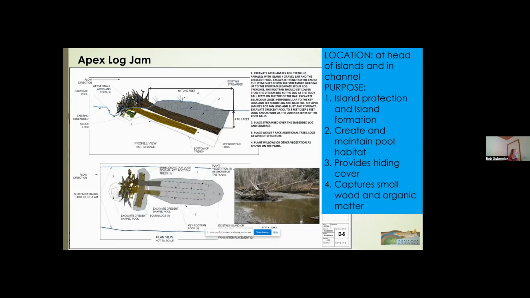When we're configuring this, typically we are embedding the logs down into the bed, as you can see here, 1.5 to 2 meters of depth to ballast our structure. We have scour logs under the front to help keep that there, and then a rack of material on the face. And again, this is scalable. It can be small for the small streams. It could be huge for larger rivers.